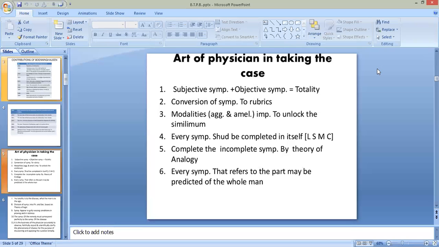At that time such similar remedies are helpful, because they complement each other, antidote each other's bad effect, follow each other well and make up for the deficiencies of the other.